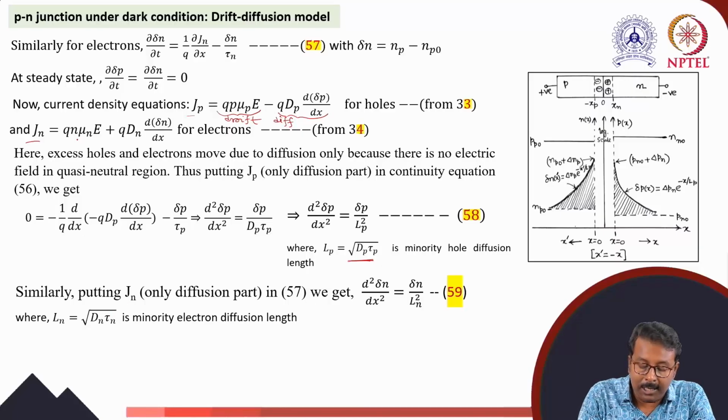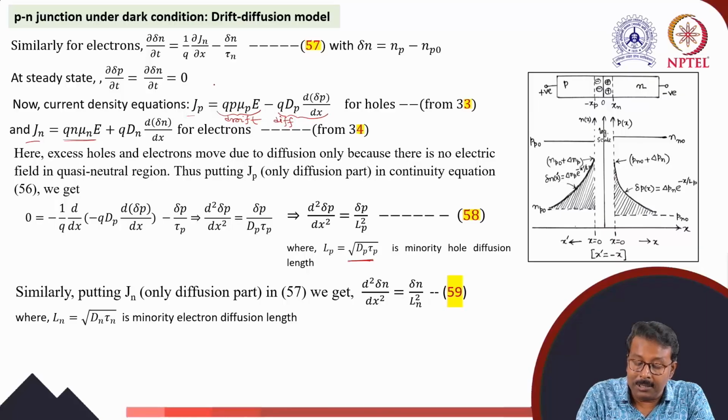Similarly, for the expression of Jn, if you remove the drift part, it becomes q Dn d/dx of delta n. You put that here in equation 57 and consider the steady state. The left-hand side will be 0, and 1 by q d/dx of Jn. Jn means again q times Dn d/dx of delta n, q cancels out, and d square/dx square of delta n will come.